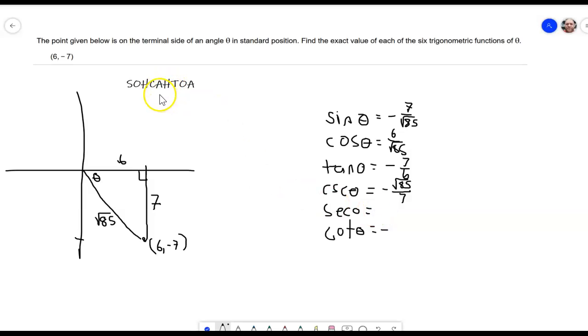It's going to be hypotenuse over adjacent, root 85 over 6. And then the last one is the cotangent, which is just going to be adjacent over opposite. So it's going to be 6 over 7, or just the reciprocal of the tangent. And it's going to be negative.